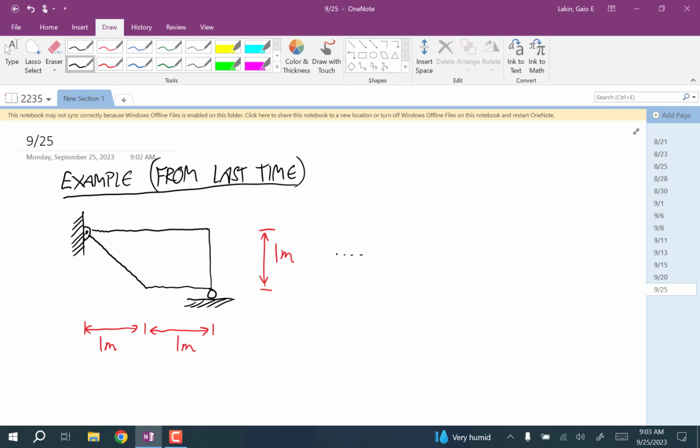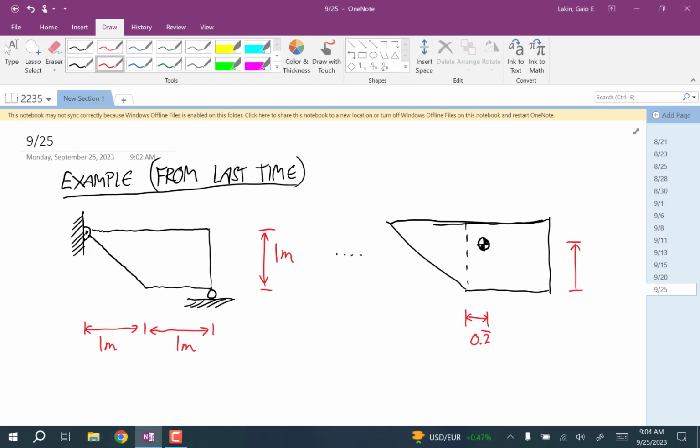And we figured out that the centroid is over here, where this distance is 0.2 repeating, and this distance, I drew that a little higher than it should be, but it is above the midline, and that's 0.5 repeating.